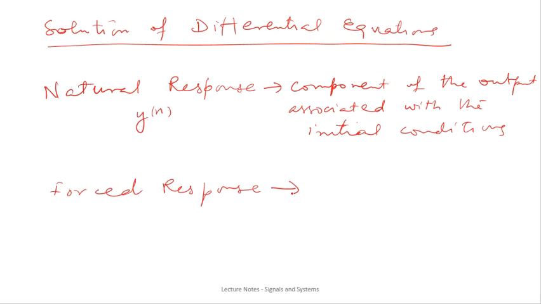It is called the forced response. What is forced response? The component of the output due only to the input is termed as the forced response of the system.